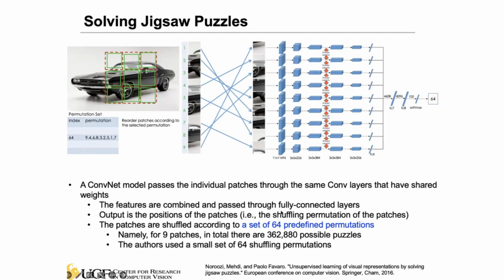So what they do is predefine 64 shuffling permutations. You do this for all the unlabeled images in your set, randomly, and ask the network to predict which permutation the input belongs to. Again, this is a classification problem, a 64-class classification.